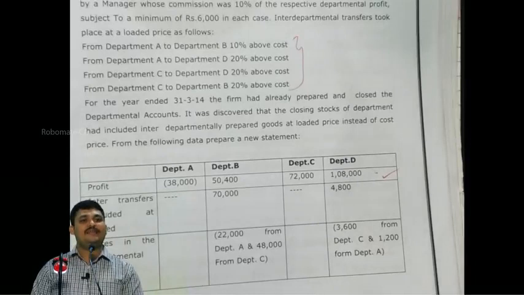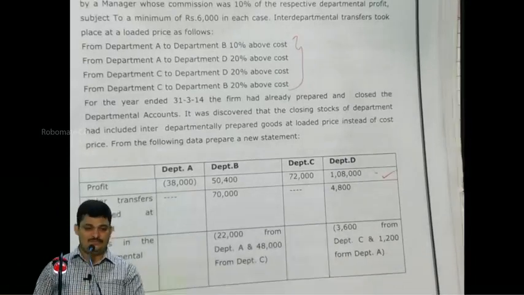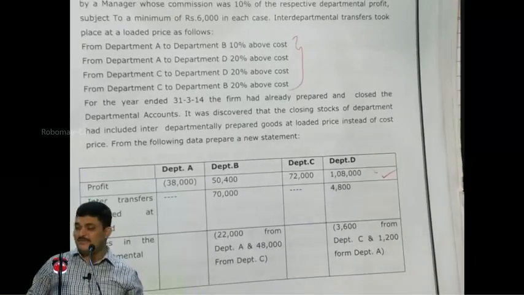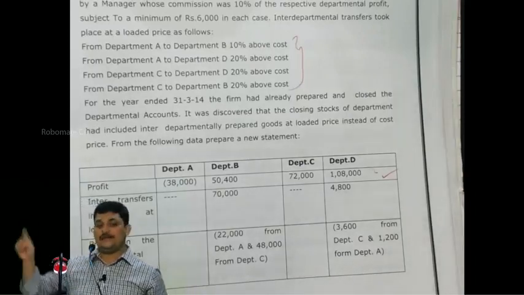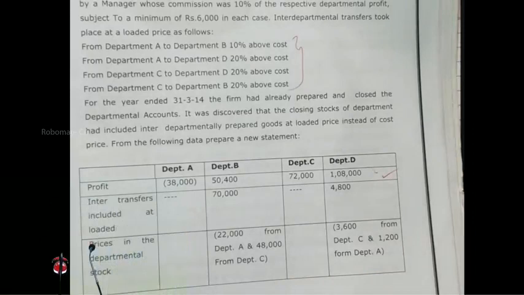In this, when we prepare a new statement, we should understand that we are not going to take all the departments for the revision, because the elimination of unrealized profit will affect only transferor departments.